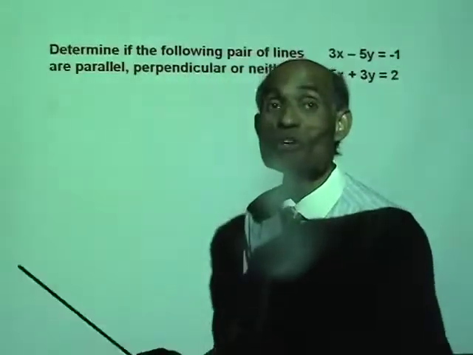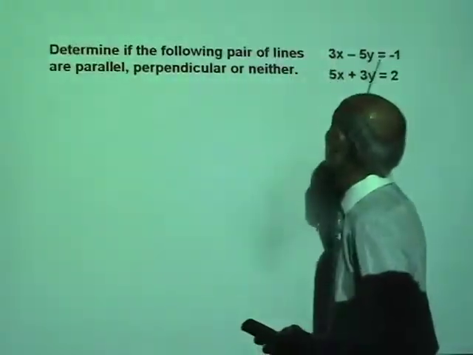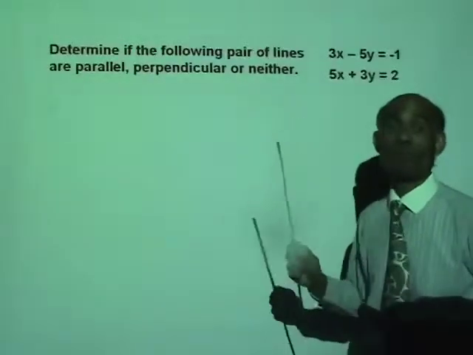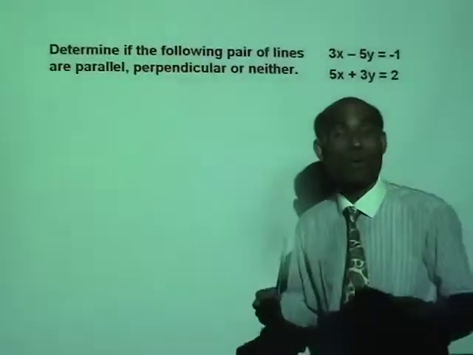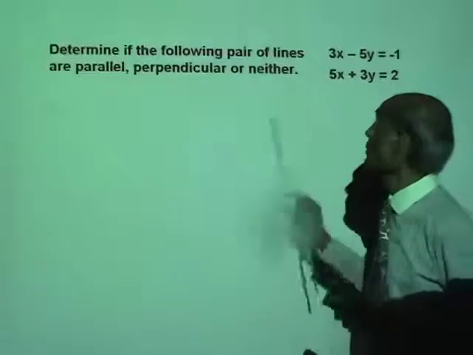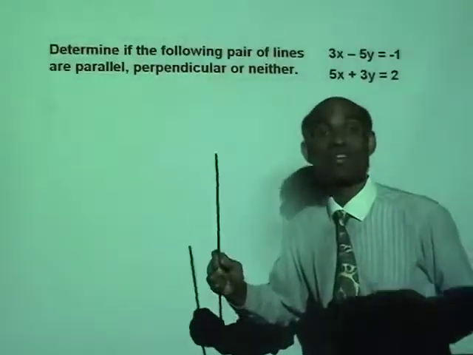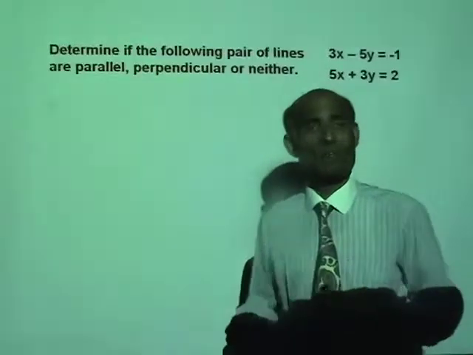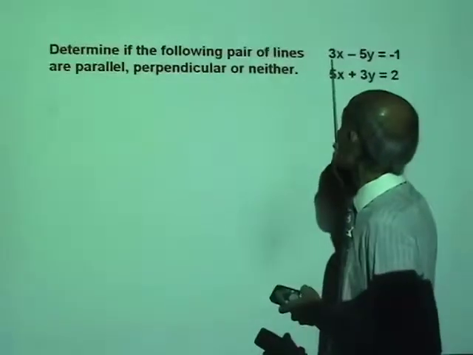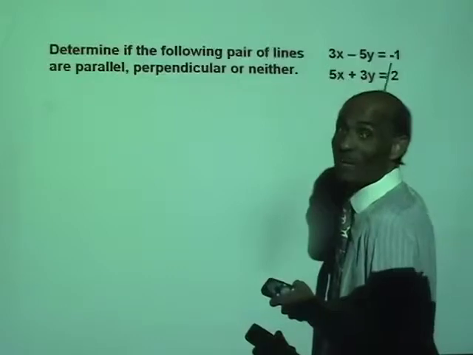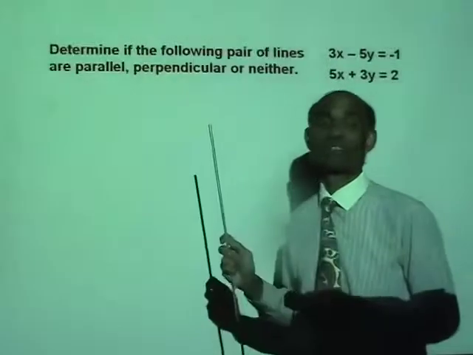Alright, what do we do to determine if these two lines are parallel, perpendicular, or neither? Well, let's take each of these and determine its slope. How do we determine the slope of the graph of an equation given like this?